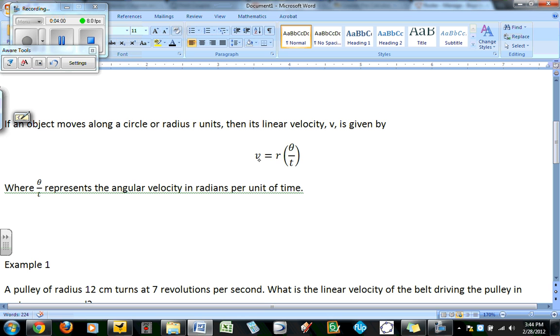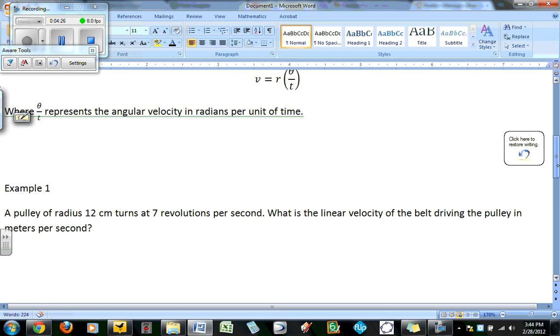So if we're figuring out our linear velocity, how fast something is going in a line, and we know its angular velocity, we take the angular velocity times the radius, and we get its linear velocity, how fast it's going to travel in a linear direction. This will make more sense as we continue.